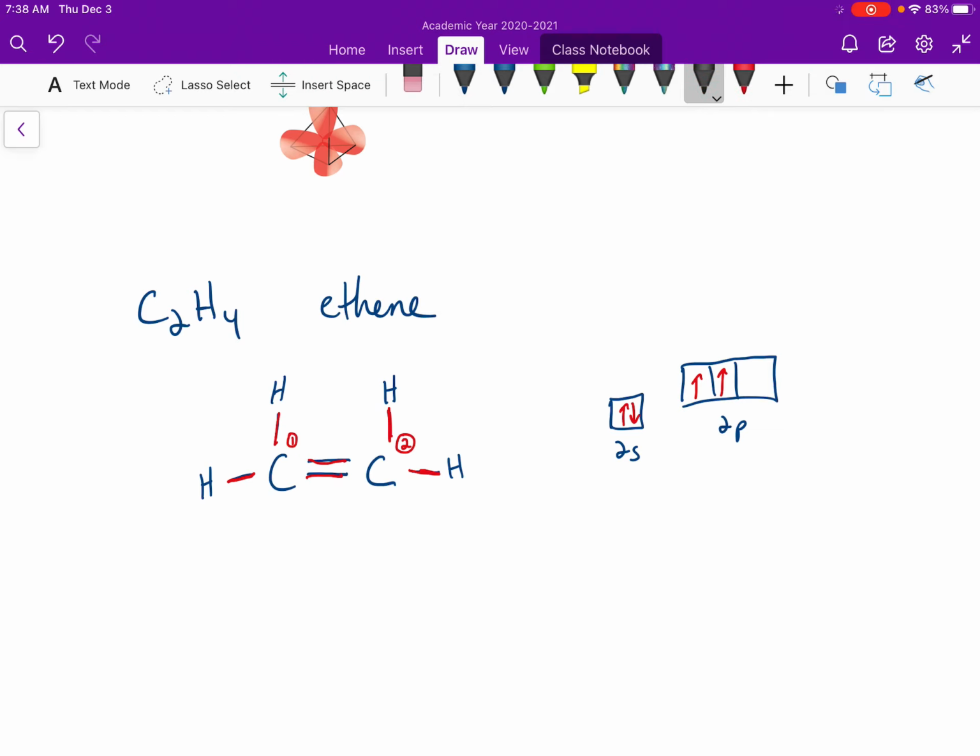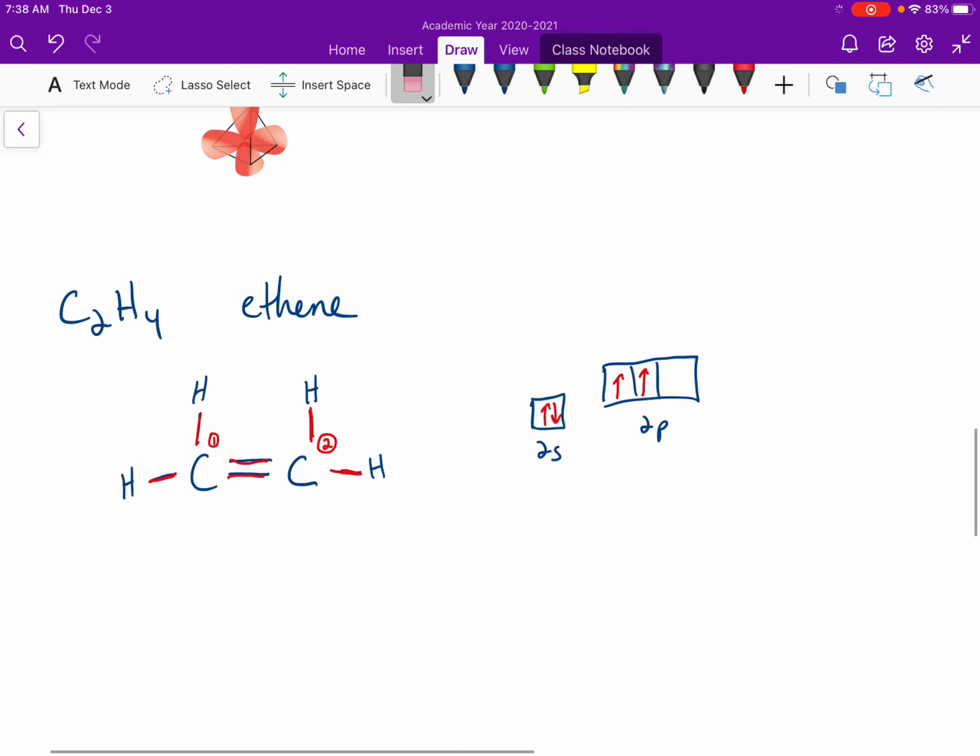Now you might say, why doesn't it just use the 3 p orbitals? They're all the same. Yes, however, remember that hybrid orbitals are in this in-between energy. They're slightly lower energy than 2p, and slightly higher than 2s. And so it does make sense for this thing to hybridize, but it only needs to hybridize 3.